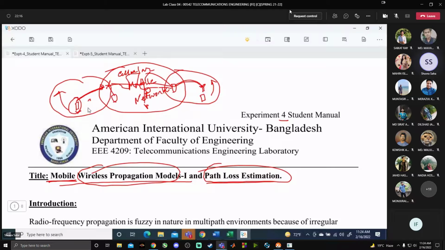Think about Dhaka city. You may be standing on a street, and on both sides of the street you have buildings, and you may have other obstacles like street lamps, traffic signal posts, and trees also. So this wireless environment is pretty complex.